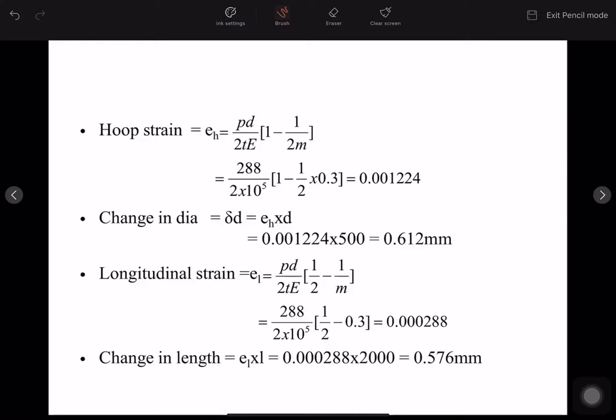PD by 2T we got 288. E as 2 into 10 power 5 and 1 minus 1 by 2 into 1 by m. We'll get a value of 0.001224.